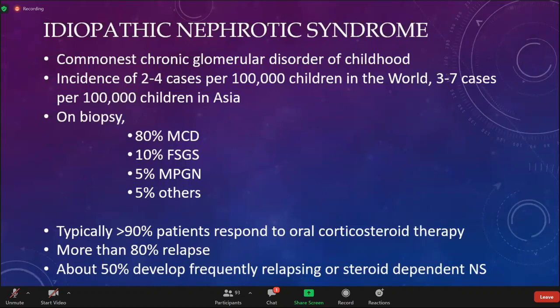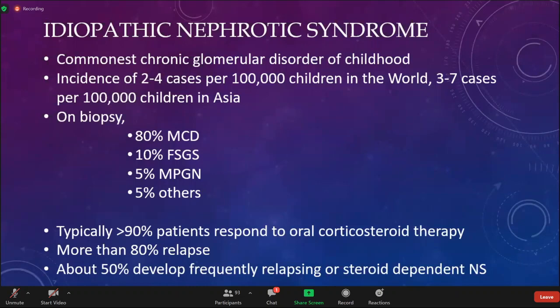And steroid-sensitive, you can further subcategorize into infrequent relapsing, frequent relapsing, and steroid-dependent. Then the other part is the steroid-resistant. Therefore, nephrotic syndrome, as I briefly mentioned, can be subcategorized or classified in different ways.